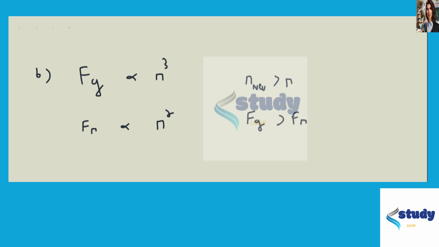So the path will be curved toward the sun, because gravity will be winning. In this situation we have the sun here, the particle here, and the net force will be in this direction, F net.